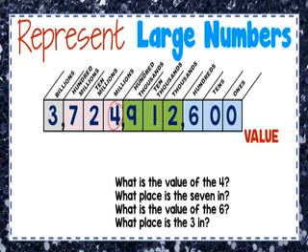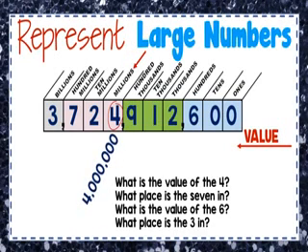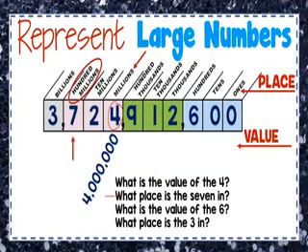Here is the number 3,724,912,600. Let's see what is the value of 4. 4 is at the millions place. So value of 4 will be 4 million. What place is the 7 in? You can see 7 is at the 100 millions place. So the place of the 7 is 100 million.